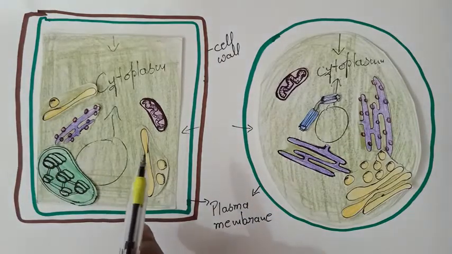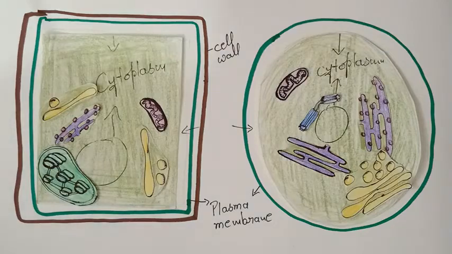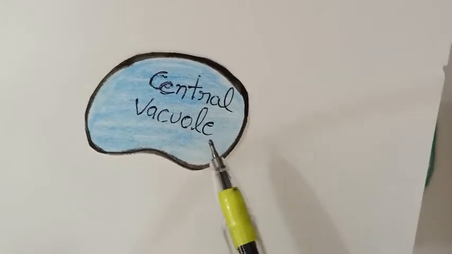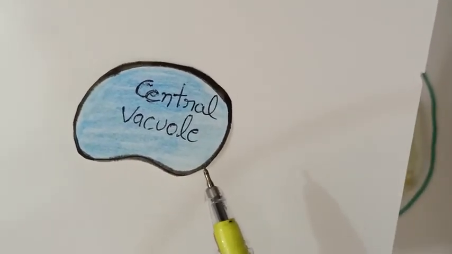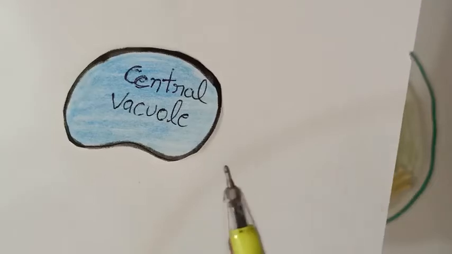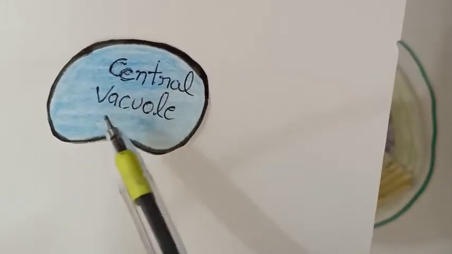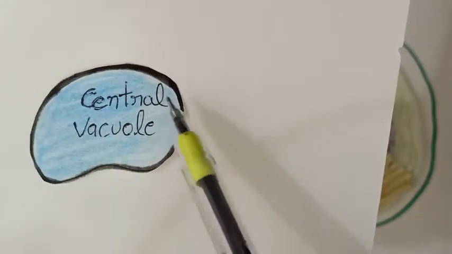Now next to this is ergastic bodies. Ergastic bodies means non-living cytoplasmic inclusions. So this ergastic body is vacuole. Okay, vacuoles are fluid filled structures. The fluid which is present inside the vacuole is known as cell sap, and this membrane is known as tonoplast.